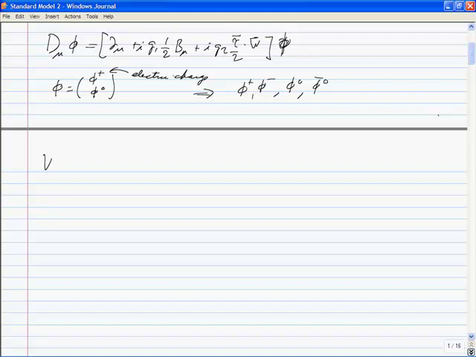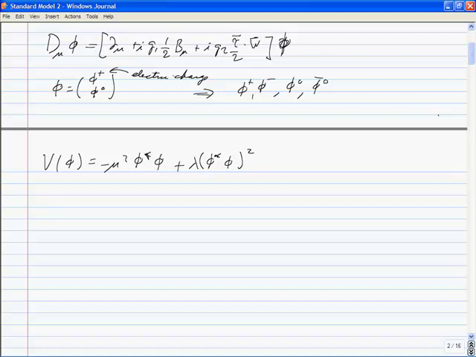Okay. The potential is invariant, so it's minus mu squared phi star phi plus lambda (phi star phi) squared.